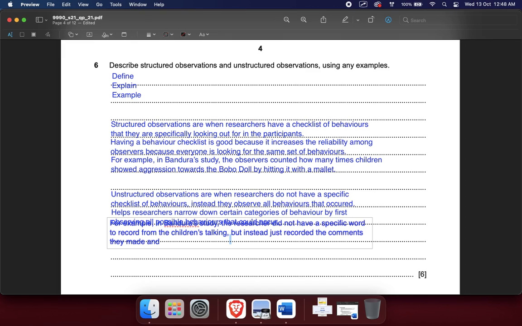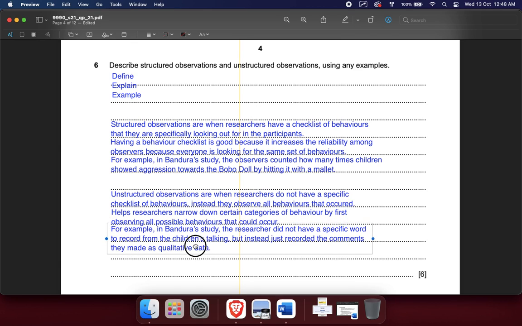And we just go as qualitative data. Okay, so structured is usually quantitative data. It's very objective because you have a checklist.